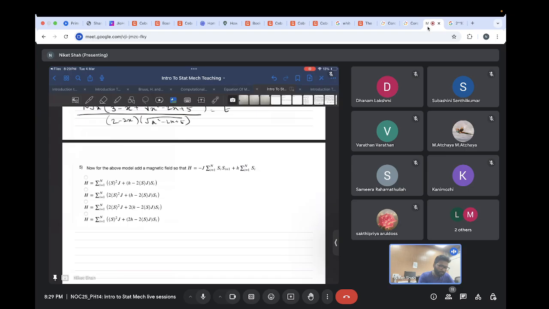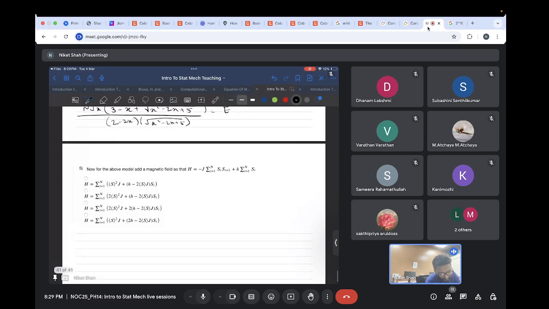Okay, now in the same model that we have already evaluated, we are adding a magnetic field also. What does the addition of a magnetic field do? The strength of the magnetic field is given by H here.